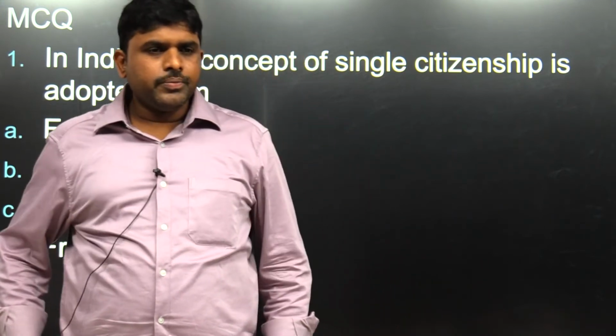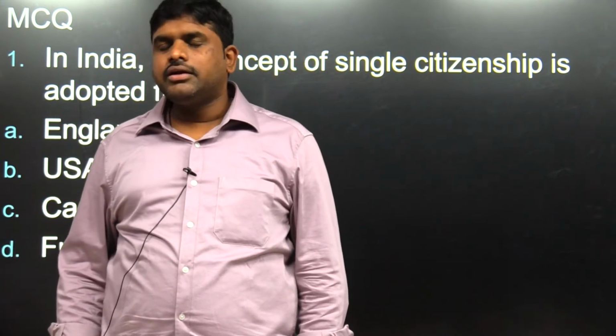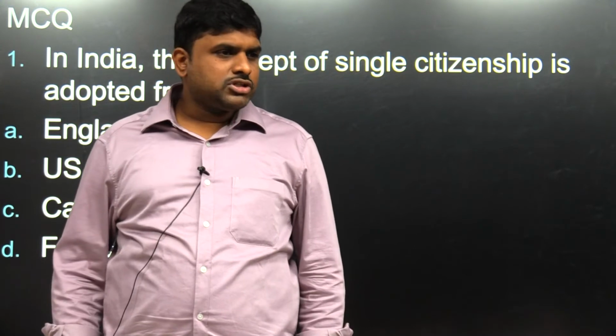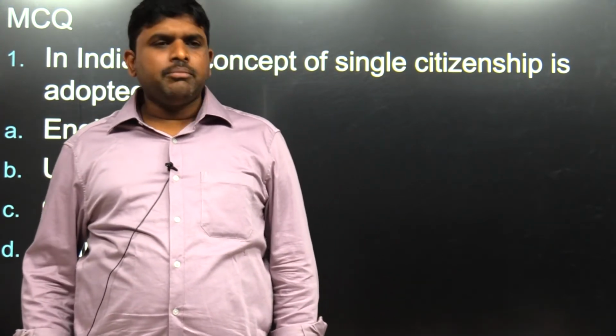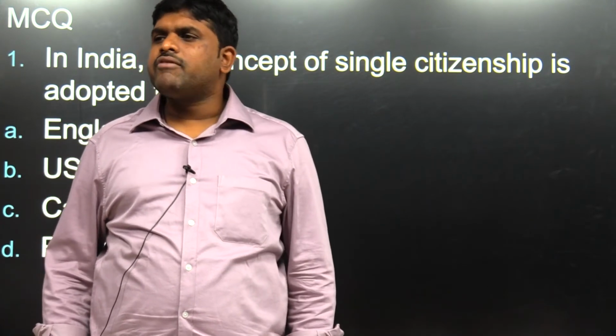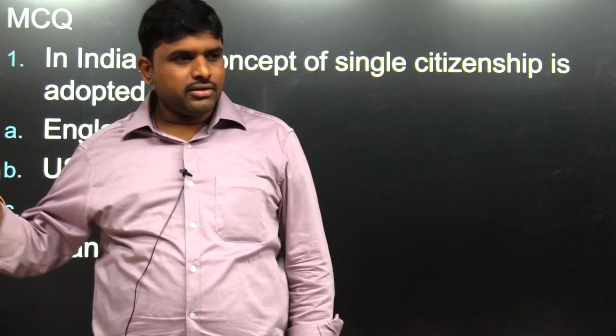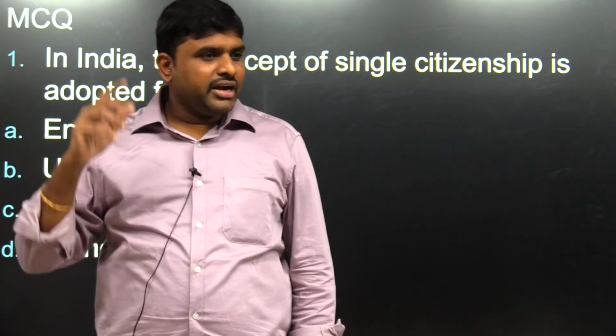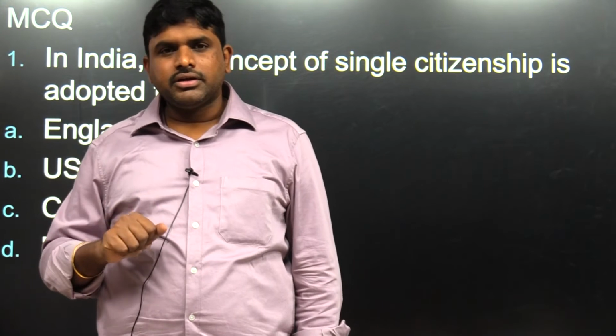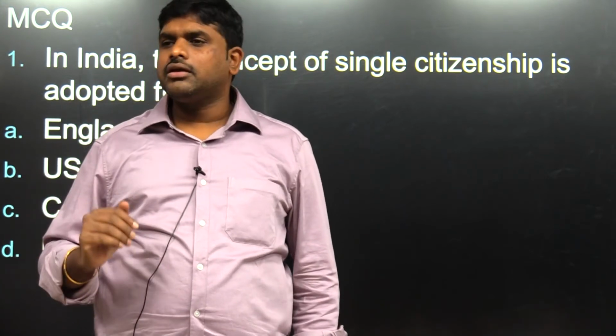In 2004, the election campaign started. LK Advani was the probable prime ministerial candidate, and the BJP government had a campaign by the name Shining India. They didn't say we will shine India, it's already shining. People didn't accept it because unemployment was high.